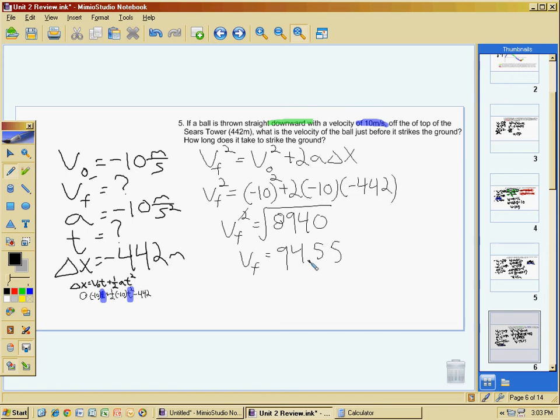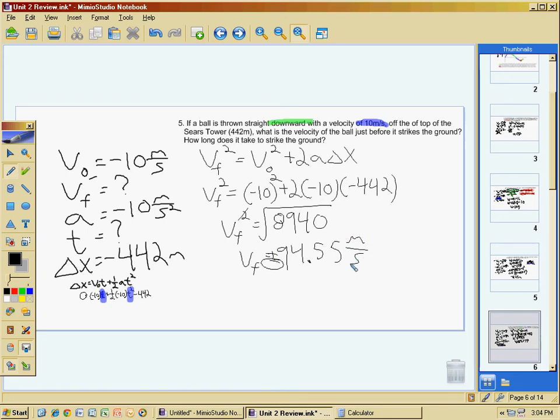So the question you have to ask yourself is, should this velocity be positive or should this velocity be negative? We're moving downward, which means this velocity should be negative. It should be negative 94.55, and don't forget your units, meters per second.